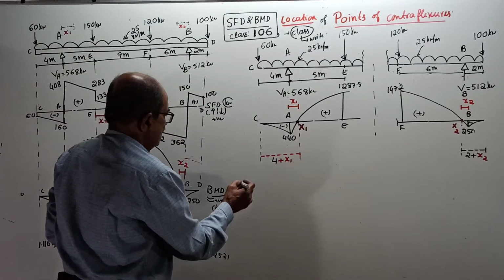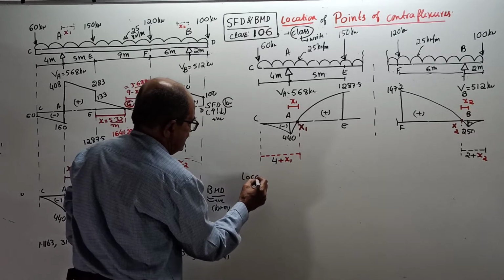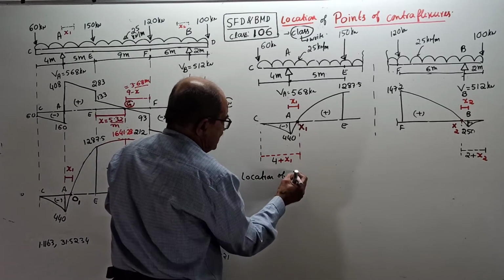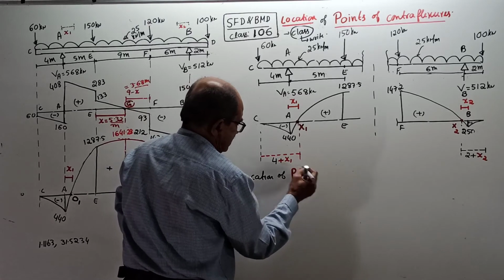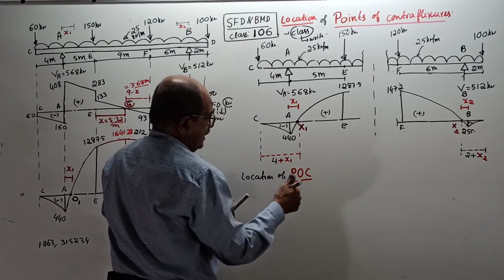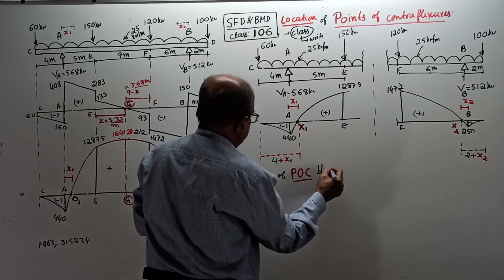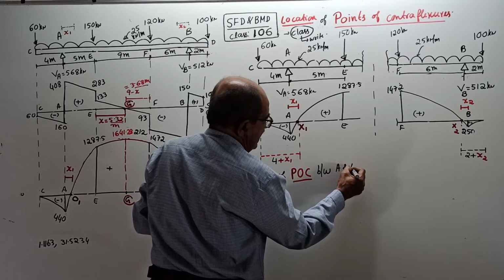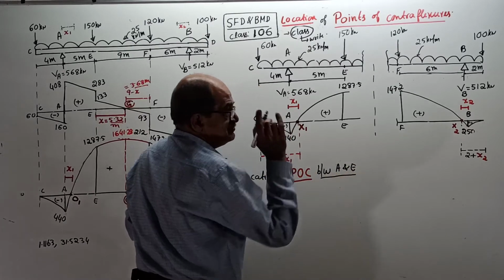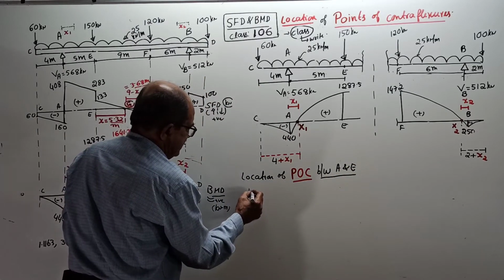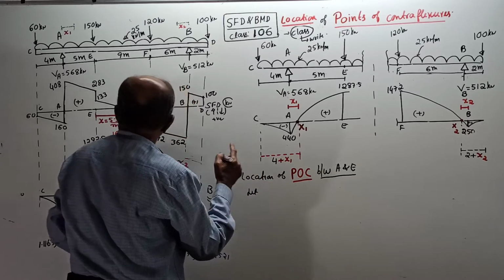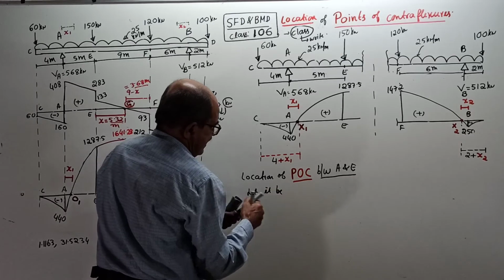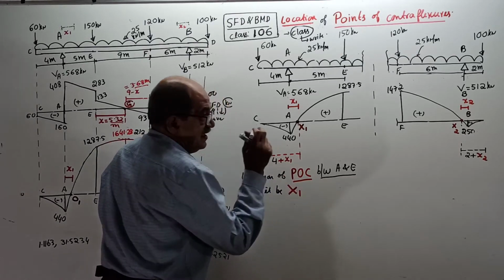Now, first, location of point of contraflexure, I will use the shortcut POC, between A and E. Let that point be x1, some name x1.